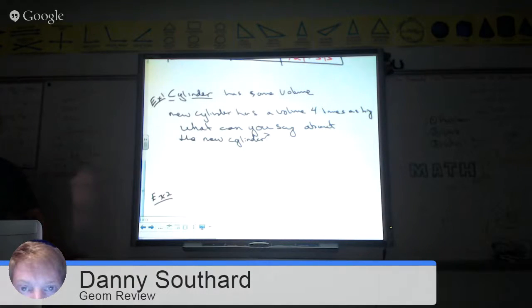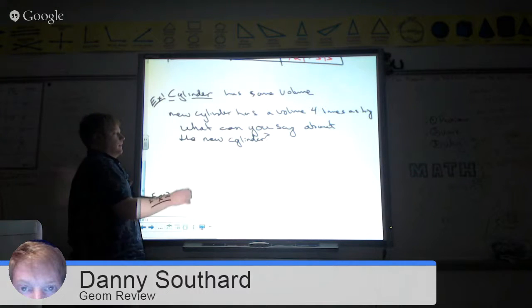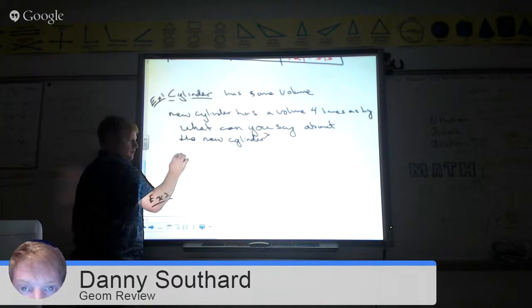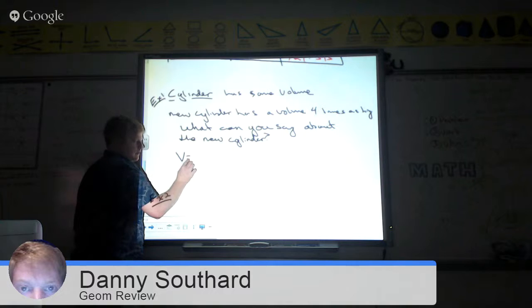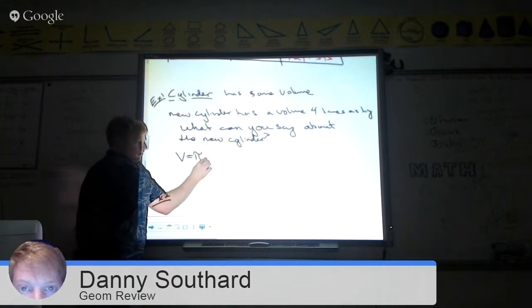Well, if the volume is 4 times as big, the radius would be 2. Volume is a tricky one. What's the volume of a cylinder? Pi r squared times height.